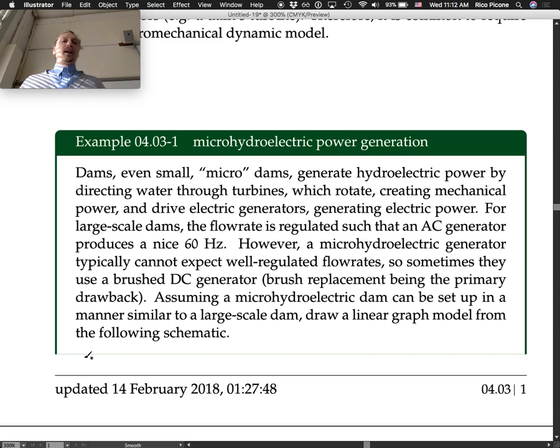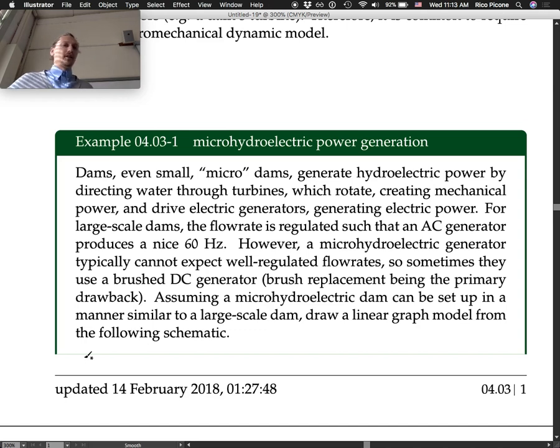For large-scale dams, the flow rate is regulated, so this is a common setup, such that an AC generator produces a nice 60 hertz. If you have the flow rate regulated, you can spin the turbine and the generator so that your AC generator generates at 60 hertz, which is the power grid frequency. So that's what you'll often see. You don't have to do anything to it. It's just ready to go.